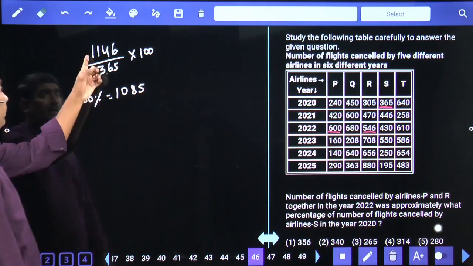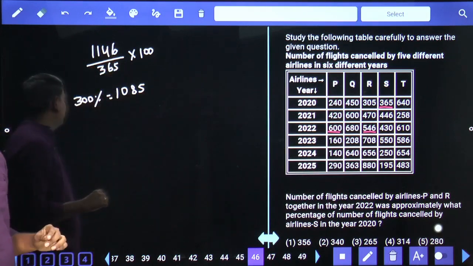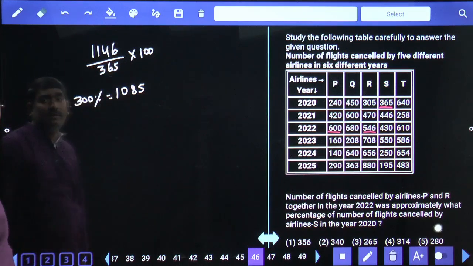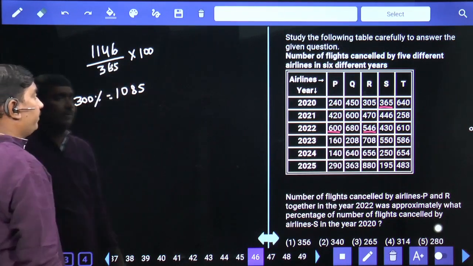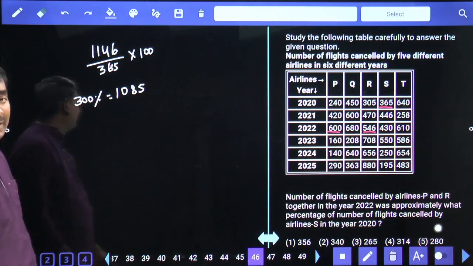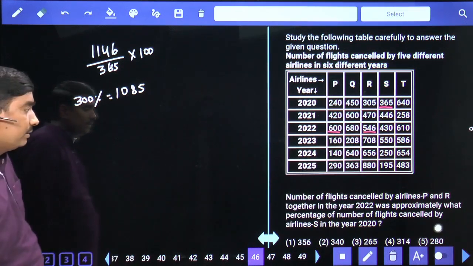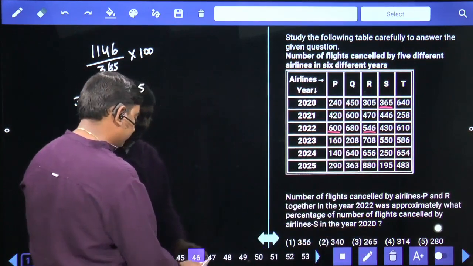But still I require 1146, so how much extra? 15 plus 46, 61 more we require, 61 extra. 10% value 36.5. 20% value 72. So our answer lies in between 310 to 320. 310 to 320 means 314% is your answer.